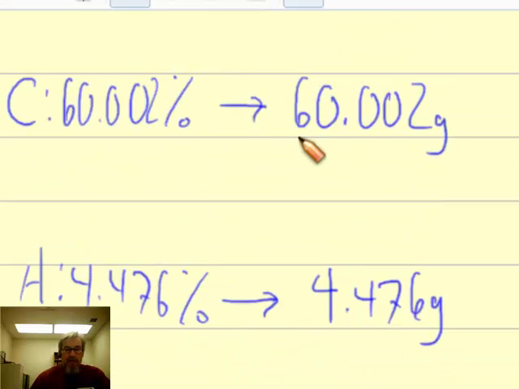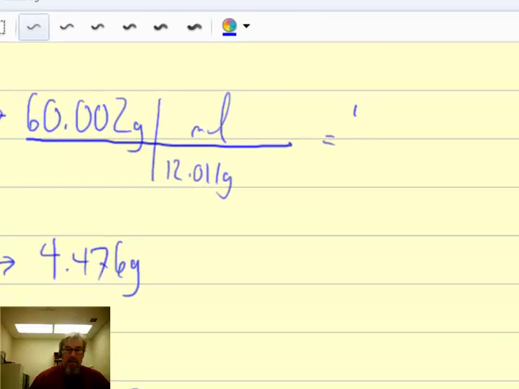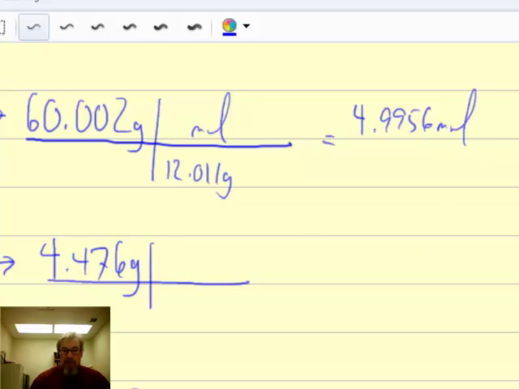Now that we have grams, we just change them to moles using molar mass. So for carbon, molar mass is 12.011 grams per mole. This gives us 4.9956 moles of carbon. For hydrogen, the molar mass is 1.008 grams per mole.